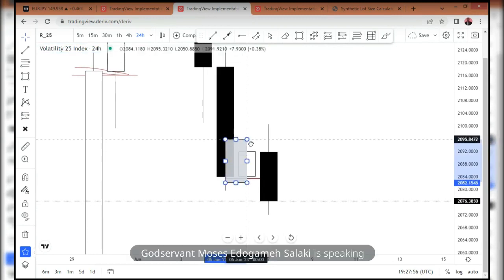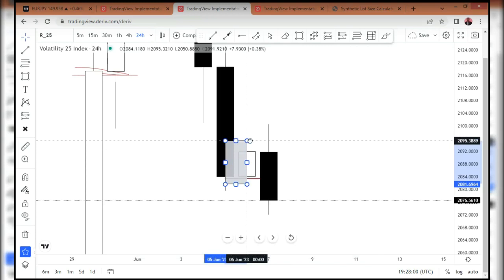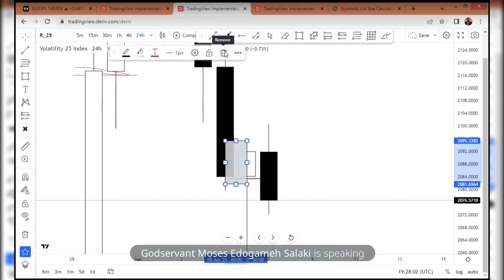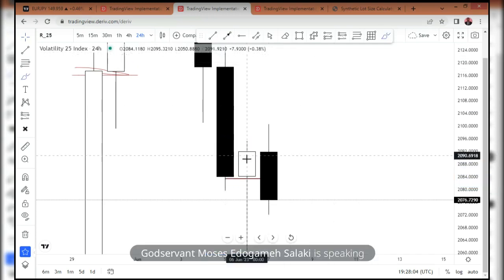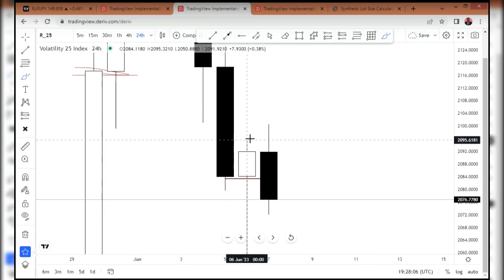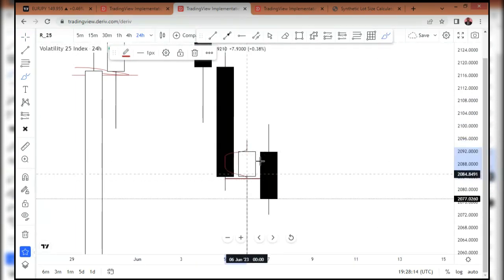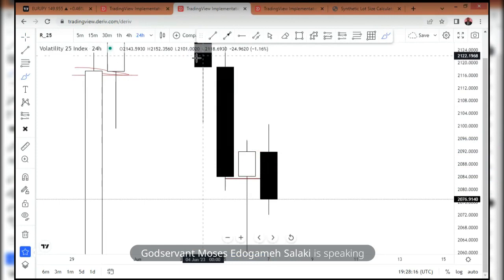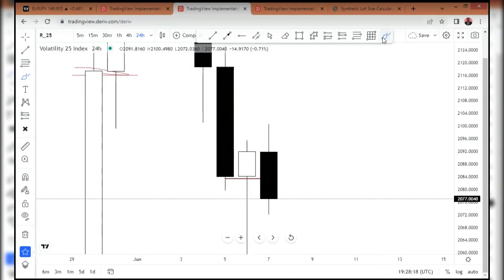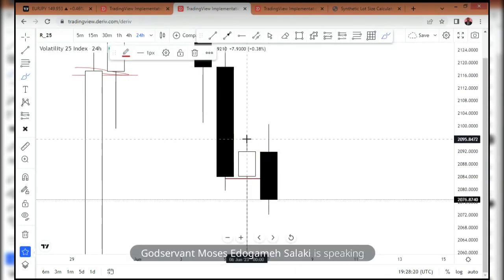Can't I move this thing? Oh, it can't enter here. Wow. Okay, let me use this then. I want to just cycle this candle.